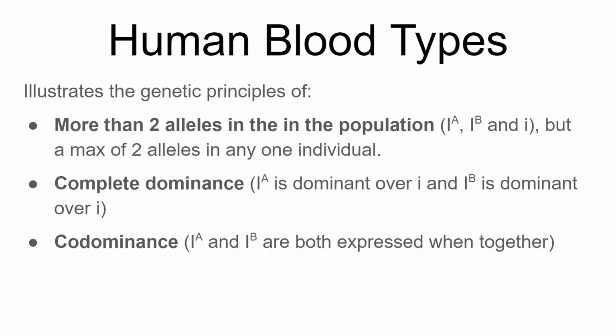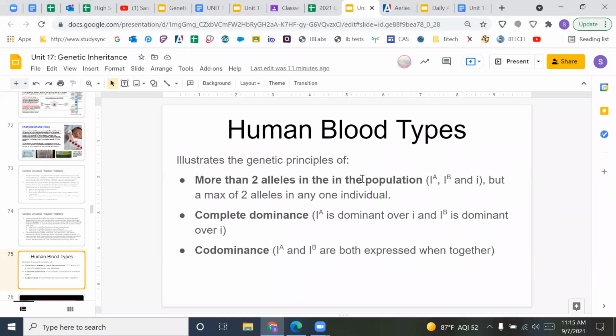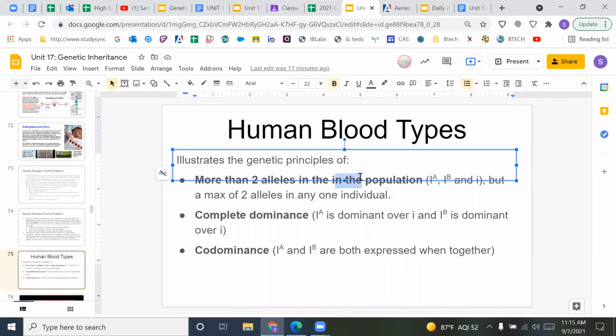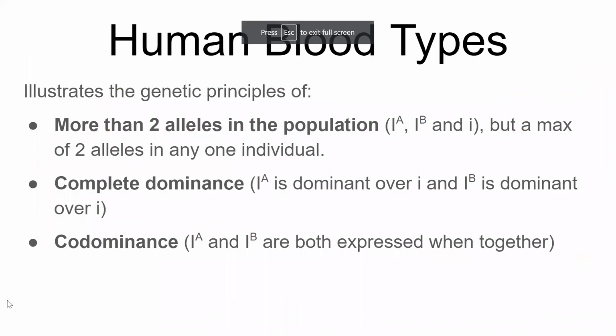But you should know that for human blood types, there are more than 2 alleles in the population, but a max of 2 alleles per person, right? So this is a specific case where we actually have multiple alleles. This is also true, I think, for eye color, and I can't remember what other traits. It is also a section of it is complete dominance because we have I, big A is dominant over little i.